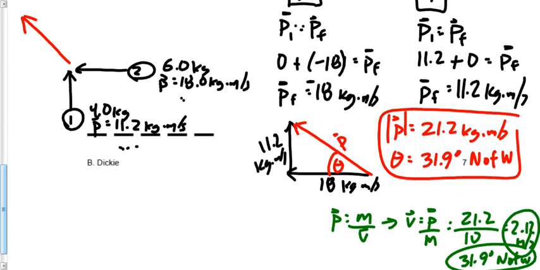And people say, do you mean final momentum? And my answer is, no, we mean initial momentum. But what's the difference? Nothing, really, right? The question asks for initial momentum. But if you're more comfortable solving for the final momentum, then solve for the final momentum, because it's the same as the initial momentum every time.